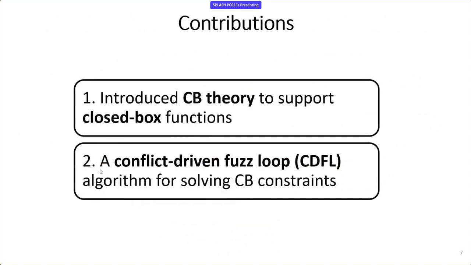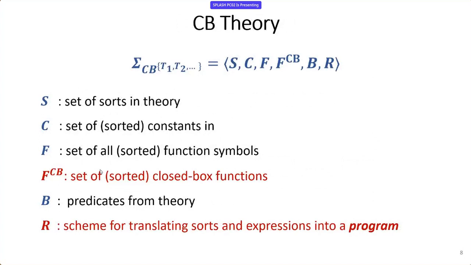There are two main contributions of this paper. We first introduce a theory called CB theory to support closed box functions in SMT solving. And we also introduce a new algorithm, called the conflict-driven fuzz loop algorithm, to solve these closed box constraints. This is the signature of the CB theory.